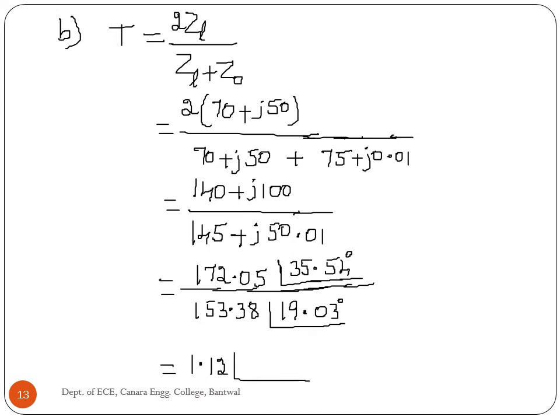Angle 35.54 degree minus 19.03 degree is equal to 16.51 degree. Convert to the rectangular form: 1.07 plus j0.32.